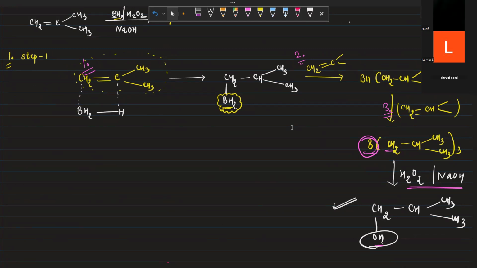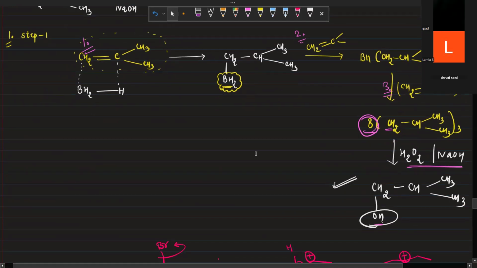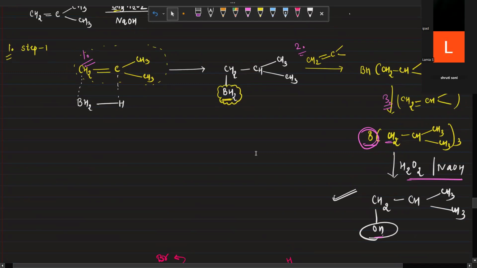After some revisions, you are getting some pictures of these reactions, like a mental picture in your mind. You need to understand the approach, how they will approach each other. Yeah, that is the major thing.